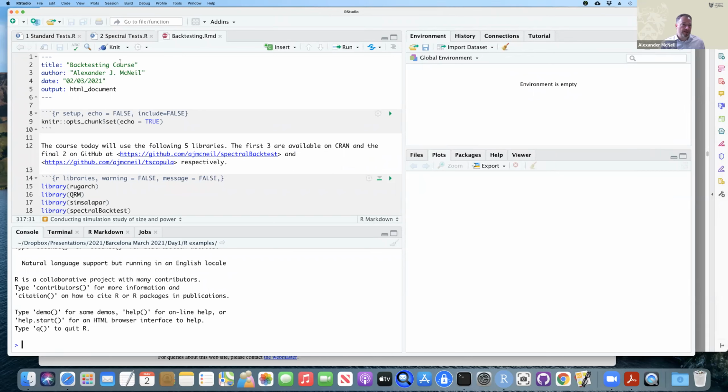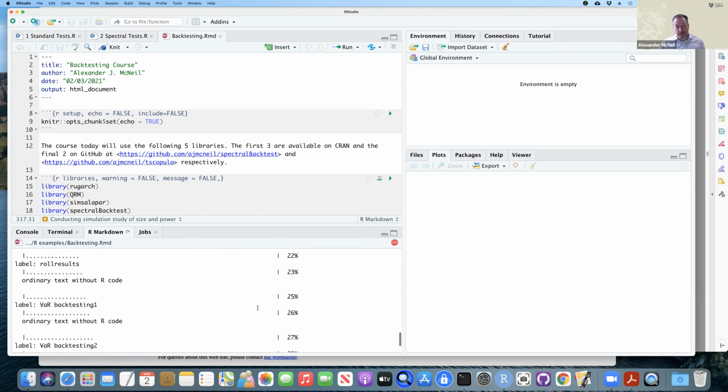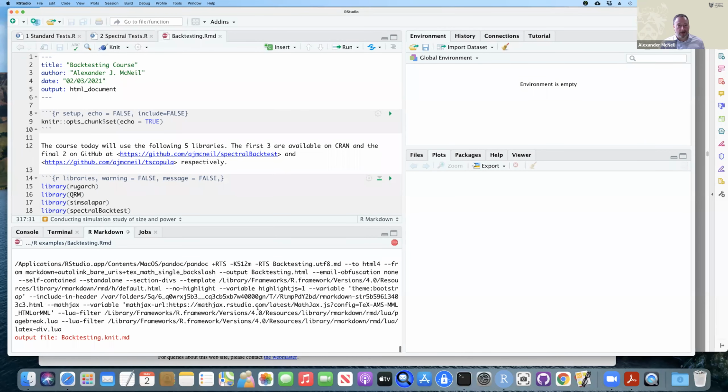And what I was saying was, what I've sent you, you can knit it. So there's a ball of wool, which I hope you can see, and there's a word knit. And so knitting wool. If I was to knit what I've sent you, it actually runs this code, and it will run it very fast for me because I've already cached the results. If you do this, you'll have to wait longer.